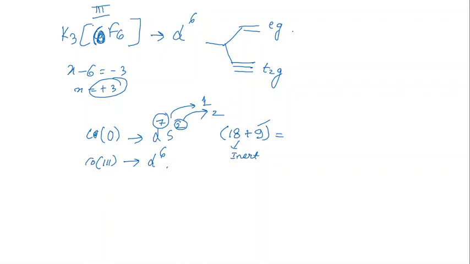First of all, tell me, is this a low spin complex or high spin complex? T2G, all 6 electrons will be lower. Why are you telling all 6 electrons will be lower? This is a high spin complex.